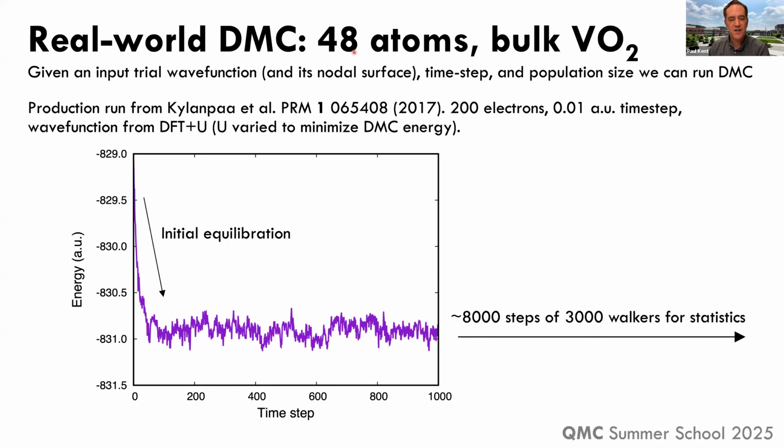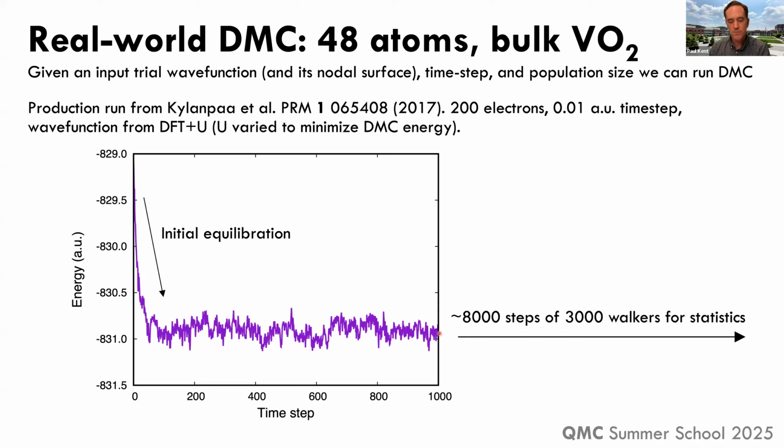And this, if I've done the counting correctly, I think it's a 48 atom cell. The initial wave function is a single determinant from DFT plus U, picking the U that minimizes the DMC energy, exploiting that variational property. And if we look here, we start at an initial high energy and very quickly, over maybe 100, maybe 200 if I'm generous, steps, propagate down to start sampling the ground state. And then we bounce along sampling the ground state energy.